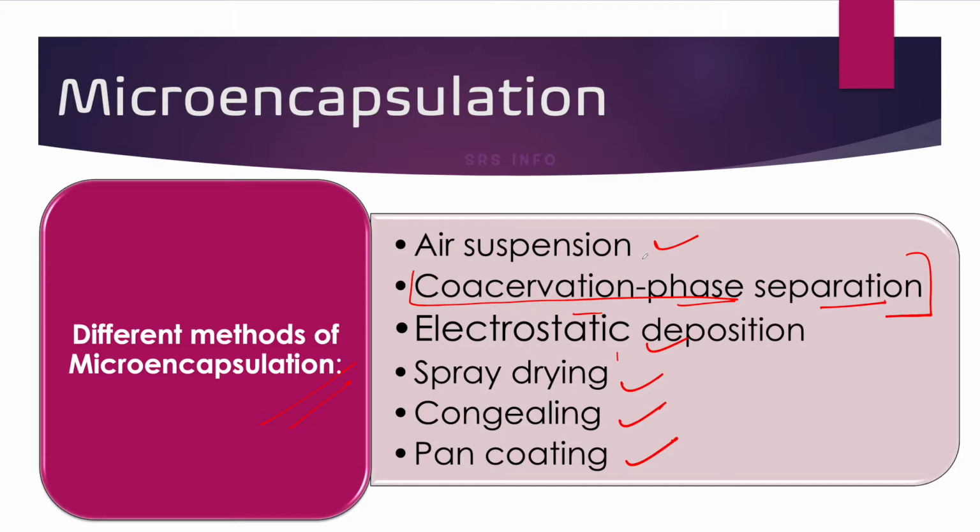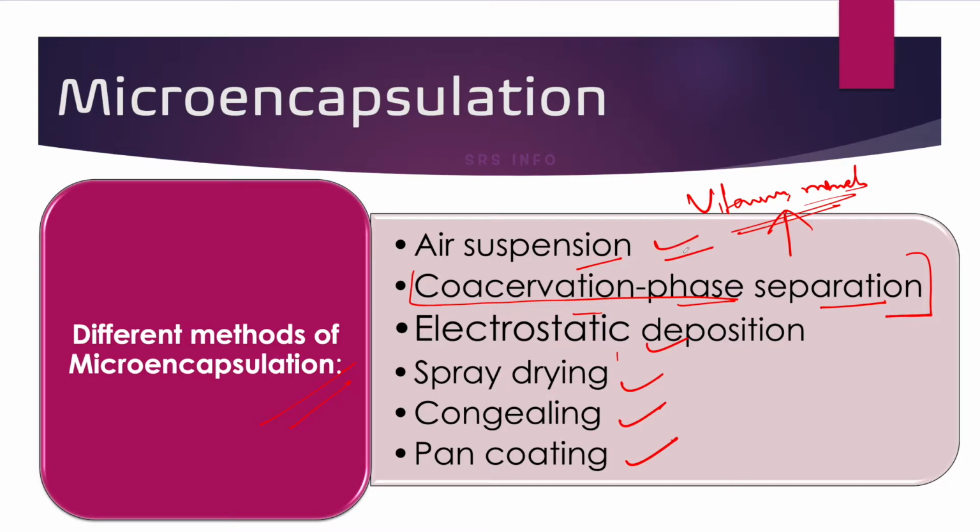What do you mean by air suspension? In air suspension, the drug particles are coated and dried while suspended in an upwardly moving current of hot air. This air suspension is basically applicable to vitamins, minerals, etc. For the encapsulation of vitamins, minerals, etc., we use the air suspension method.